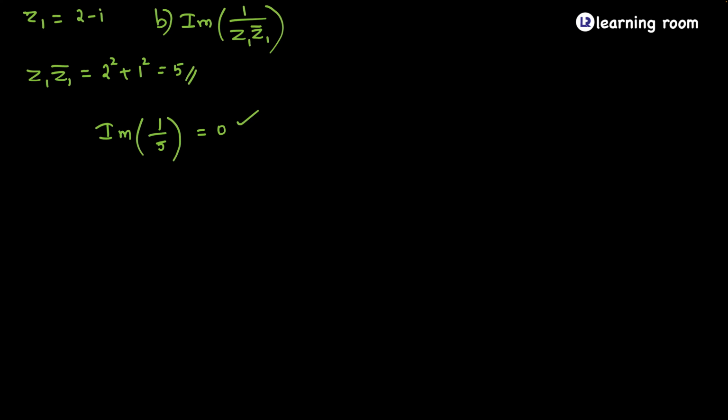Okay. So the eighth question is, find the real numbers x and y such that x minus iy into 3 plus 5i, you're doing the product of these two complex numbers, is the conjugate of minus 6 minus 24i.